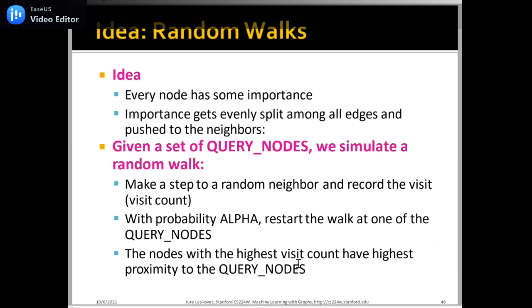And again, we can do this many times, and then we record the counts of the nodes, and that gives the importance of the nodes with respect to these query nodes. So it's not the global importance, but the relative importance of the node with respect to this query set.